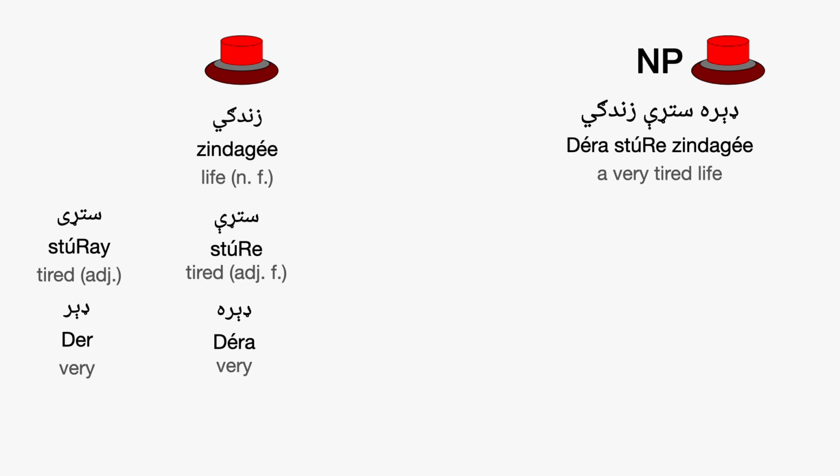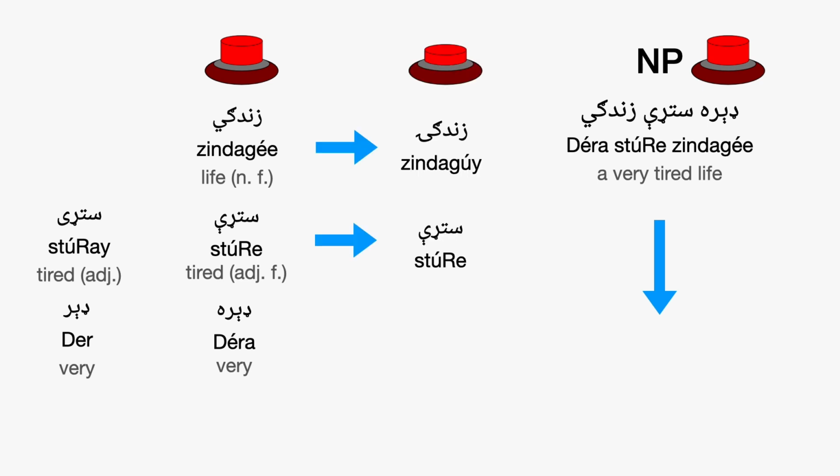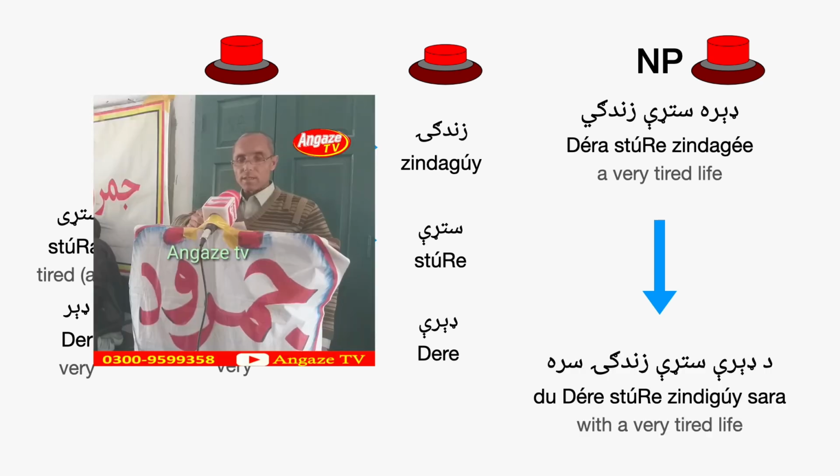That is the plain form. But if we're going to stick it in the sandwich, we need to inflect the whole thing. So zindagۍ turns into zindagۍ. And ستړې is just the same, plain and inflected. And then ډېره inflects to ډېرې. So what he says in the sandwich is, د ډېرې ستړې زندګۍ سره مخ شوی یم.